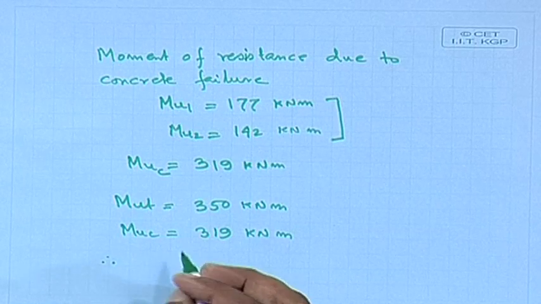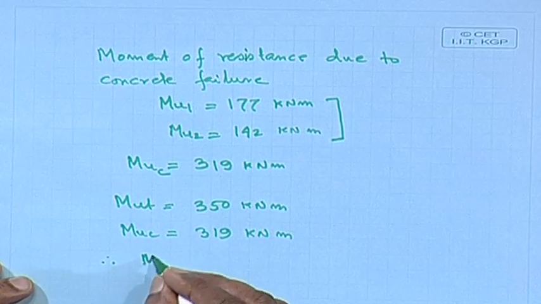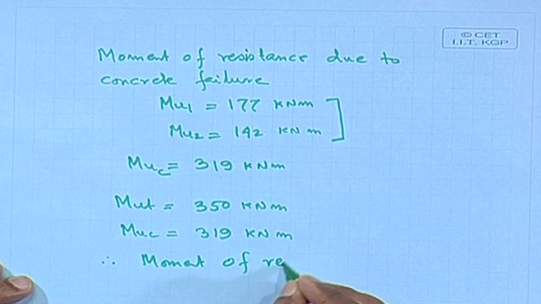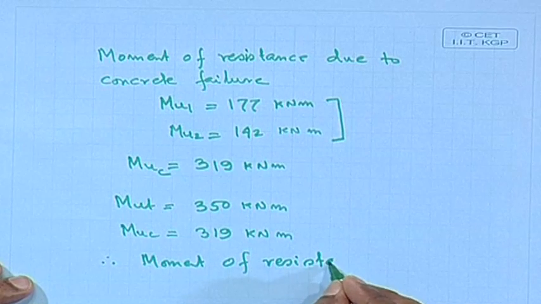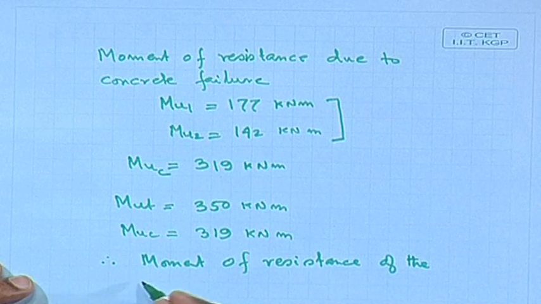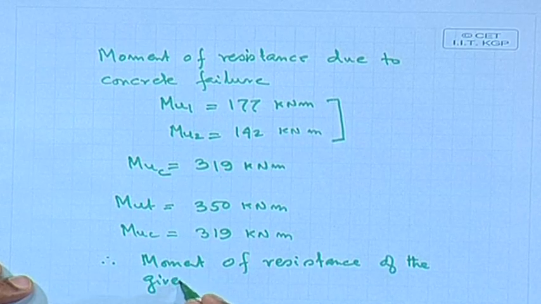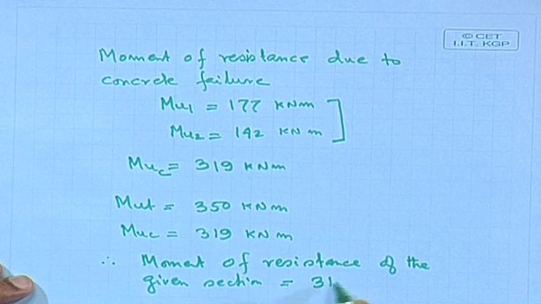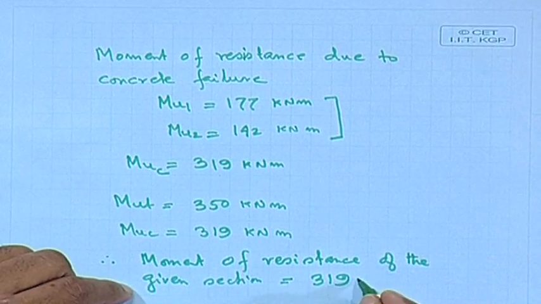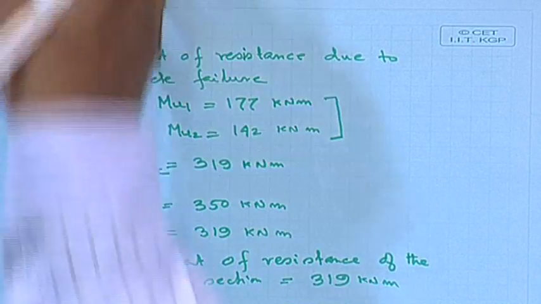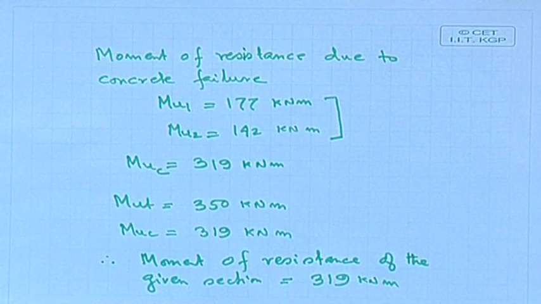Therefore, moment of resistance of the given section is 319 kilonewton meter. That is what we have to find out.